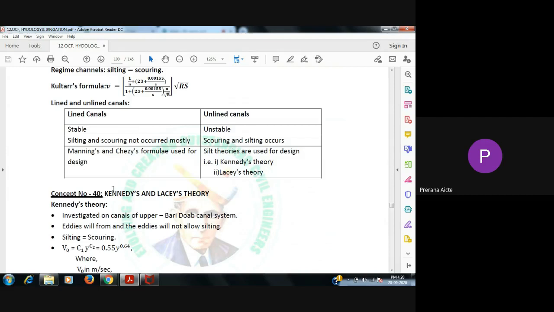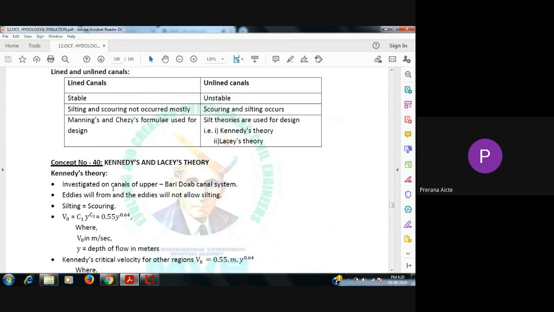So unlined canals are unstable. Silting and scouring do not occur mostly in lined canals, whereas scouring and silting occur many times in unlined canals. So while designing lined canals, Manning's and Chezy's formulae are used for design, whereas for the design of unlined canals, silt theories are used: Kennedy's theory and Lacey's theory.